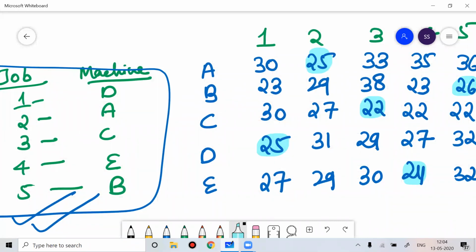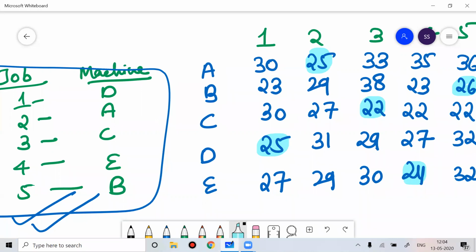You got that. On machine A, job 2 is done. On machine B, job 5 will be done. On machine C, job 3. On machine D, job 1. On machine E, job 4.